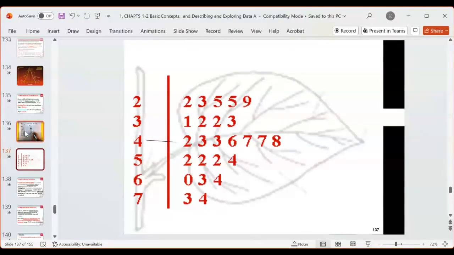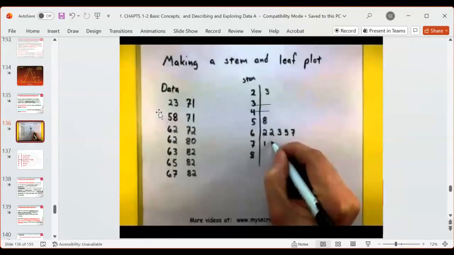And so if you have a number like 23, your stem will be 2 and your leaf will be 3. And what other number? You have 58, so the stem is 5, the leaf is 8.